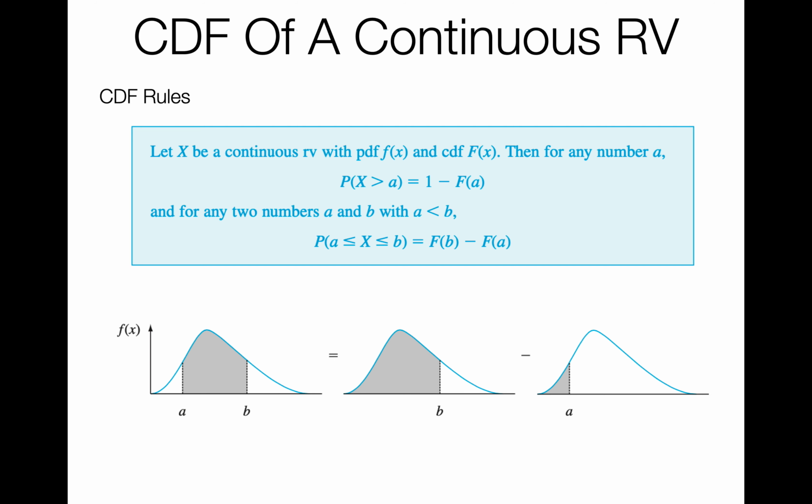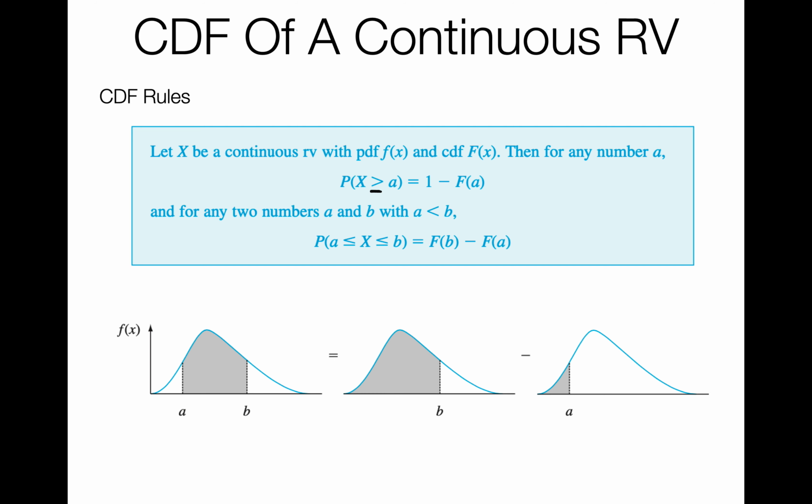And so actually before we do that, we should look at some rules. This is interesting because we can contrast with what we saw before with a discrete random variable. If I want to find the probability that x is greater than a, or really, we could also change this to greater than or equal to, it's going to be 1 minus F of a.